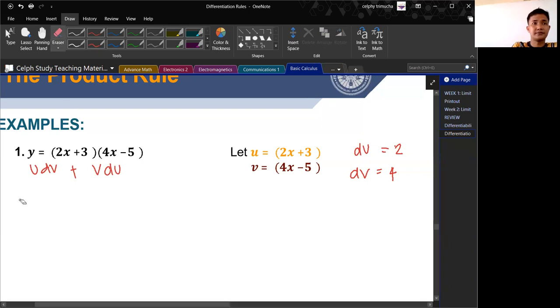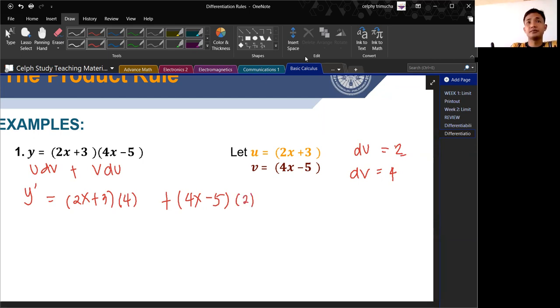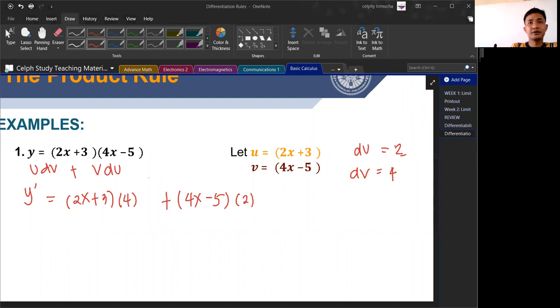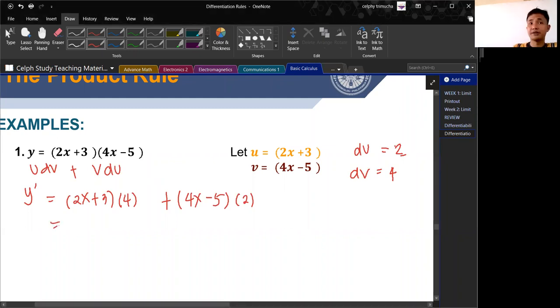So we will have to write y prime is equal to u which is 2x plus 3, multiplied sa aton nga dv which is 4, plus v naton which is 4x minus 5, multiply sa du naton which is 2. Then perform na algebraic operation.